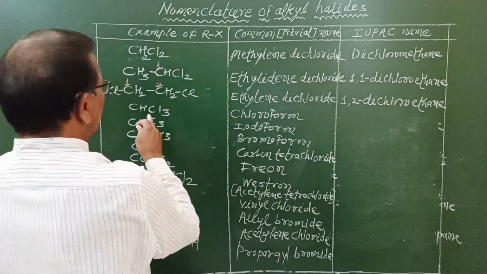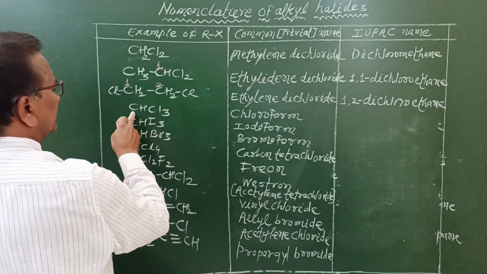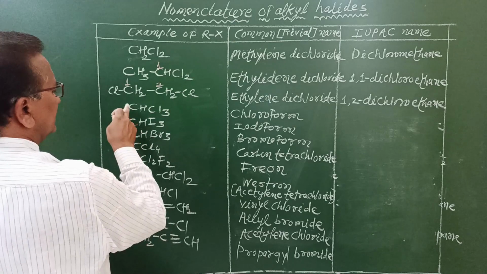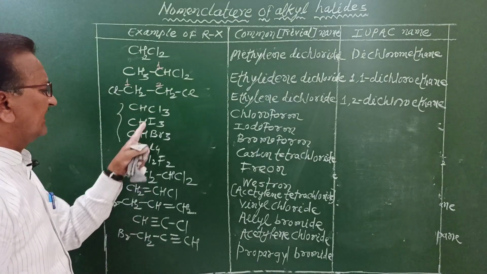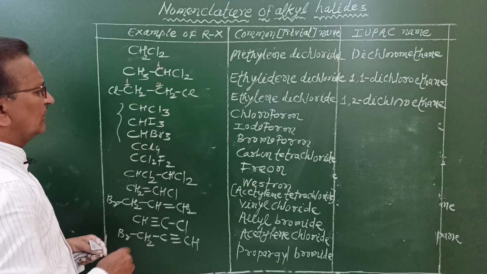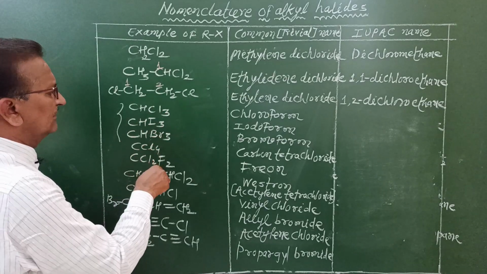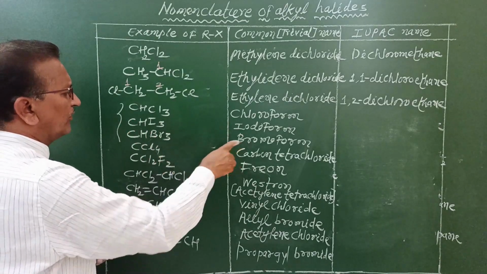Next, since there are 3 chlorine atoms and only 1 carbon atom, these 3 compounds are considered as derivatives of methane. Trihalogen derivatives of methane are called haloform in general. And the specific common names are chloroform, iodoform, bromoform.